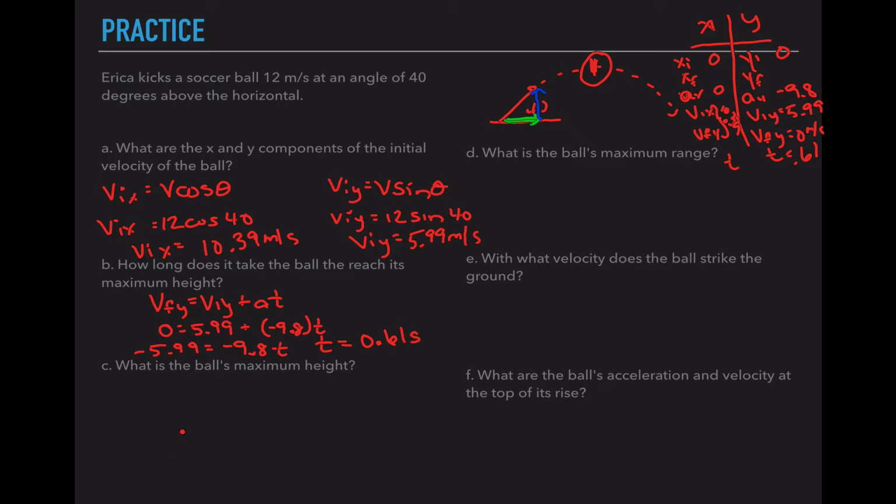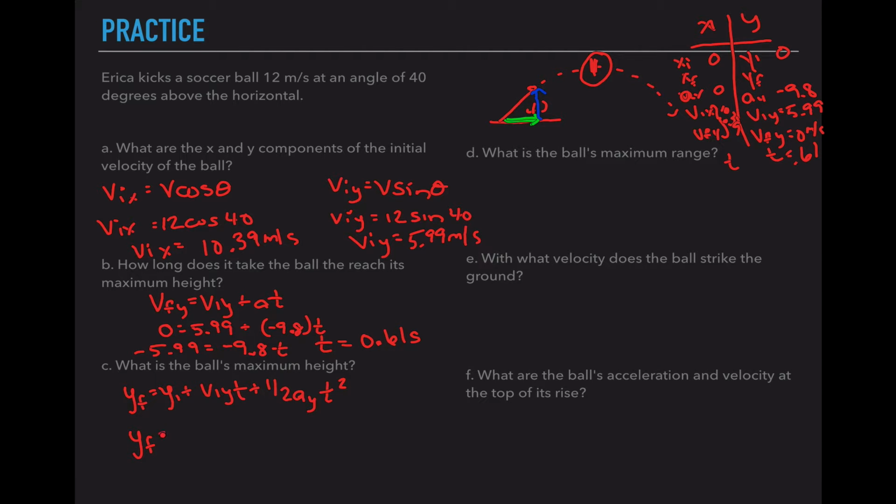What is the ball's maximum height? So now I want to use my yf equals yi equation. Now on the previous set of notes, in the previous video, viy was 0, so we could cross off this middle section. It is no longer 0, so I cannot do that anymore.